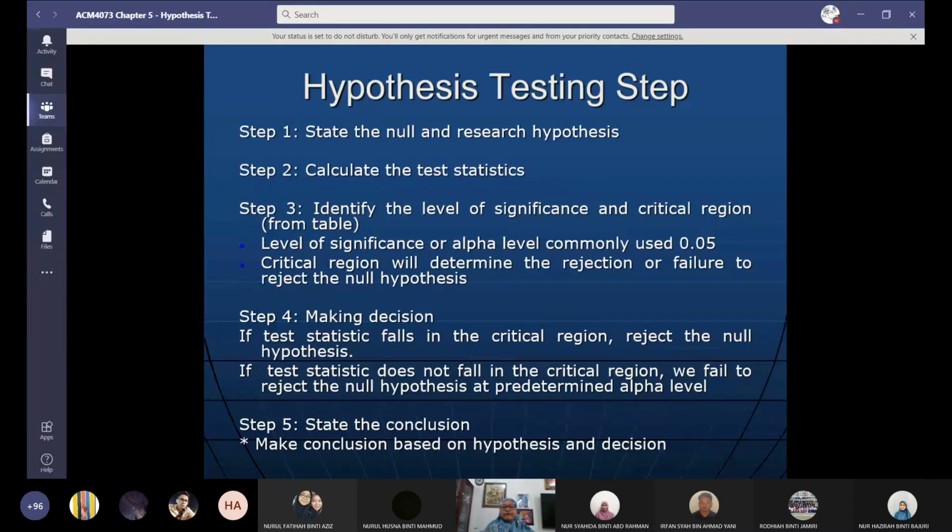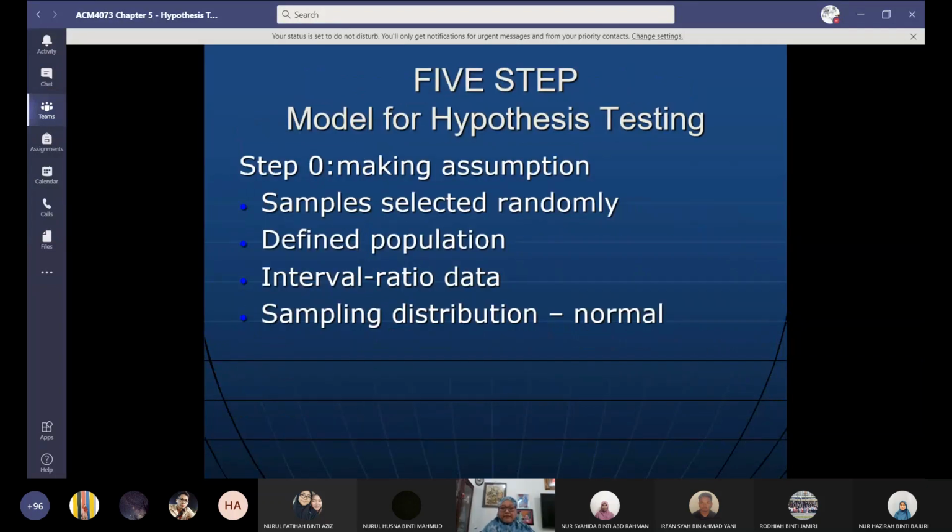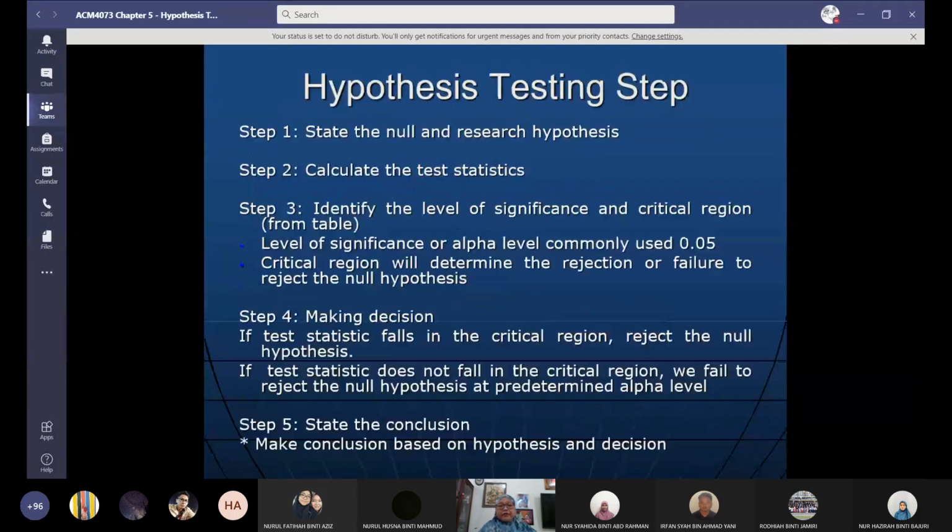Now we begin with the 5 steps. This one is the basic. Before we do the hypothesis testing, this is the basic. The first one, we should state the null and research hypothesis. What do we mean by null and research hypothesis?